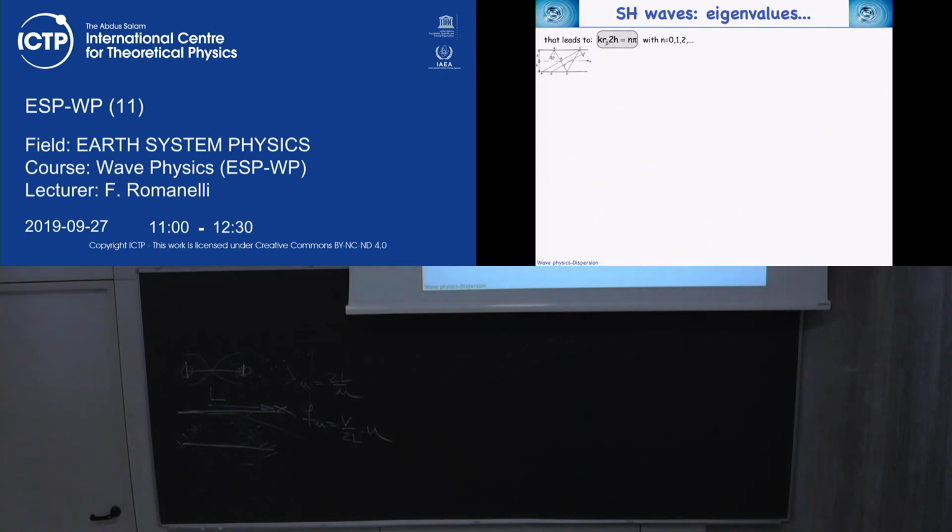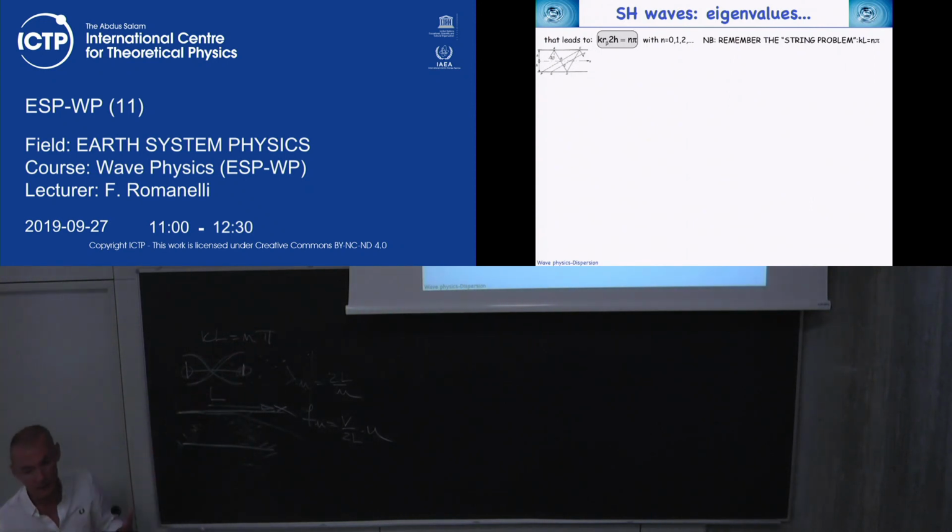Do you remember something that is similar to this one? Simpler, but similar? Well, actually, it was the string. When you write this one, it was coming from the fact that if you consider, for example, an open end like this one, and you use the cosines, kL should be n pi.